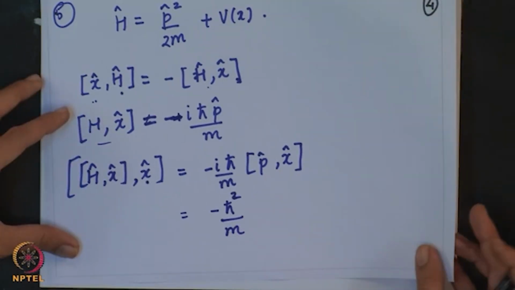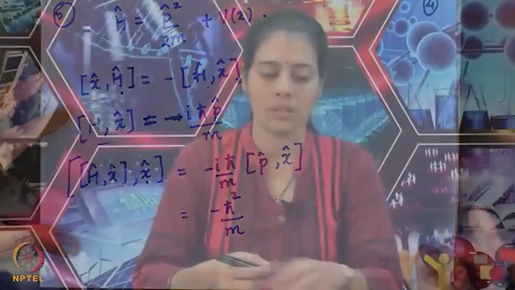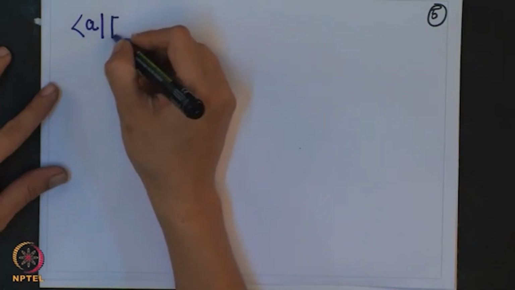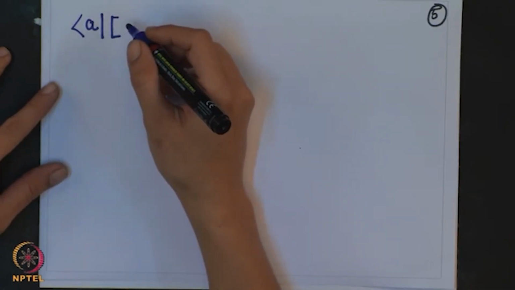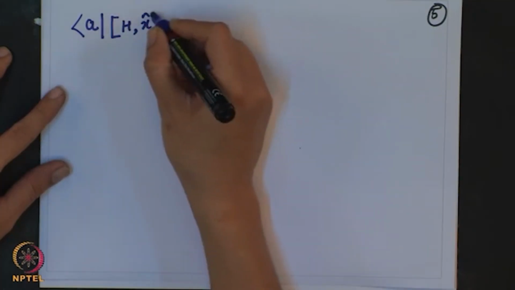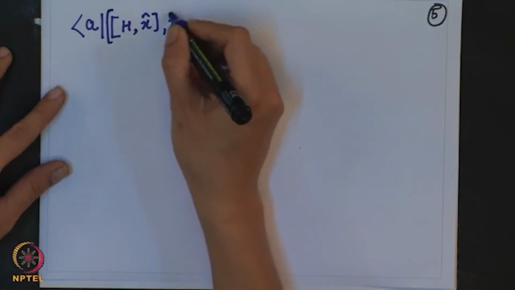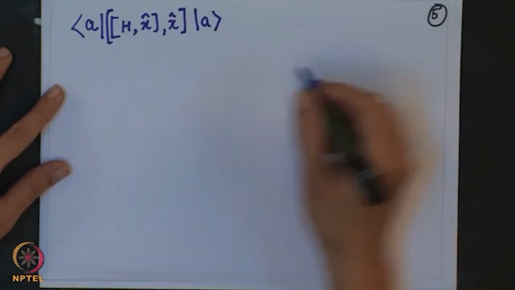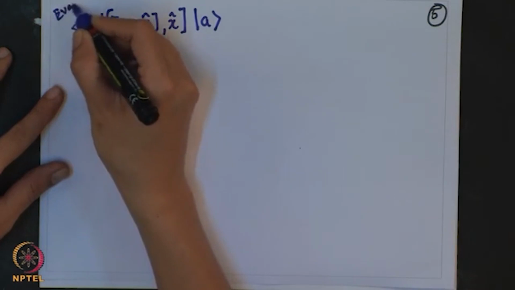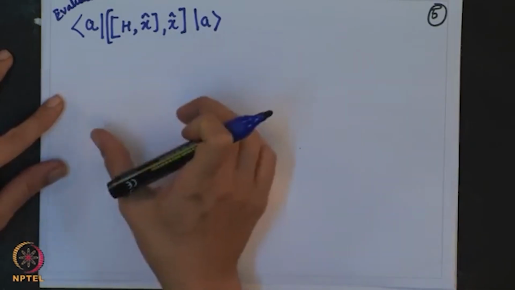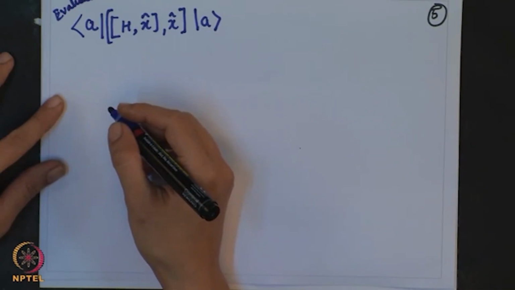Now, you have to go a step further, in which we will evaluate this commutator that I evaluated now, placed between the eigenkets a_i. So, this we have to evaluate. Before evaluating this quantity, let us do some simplification.